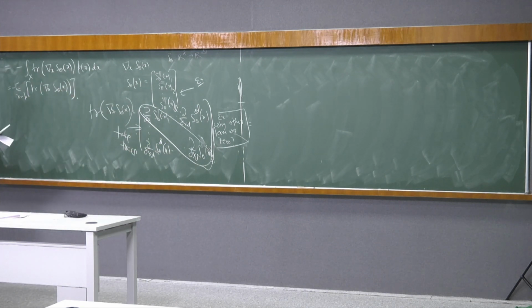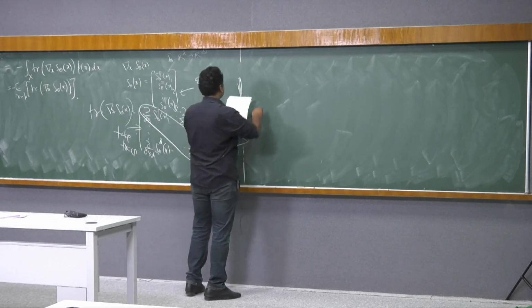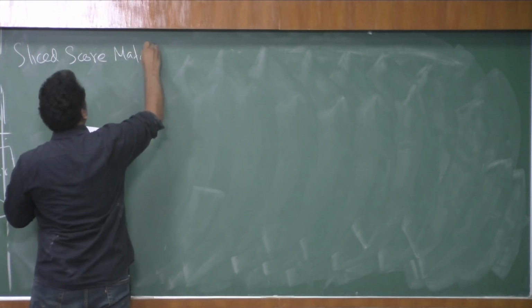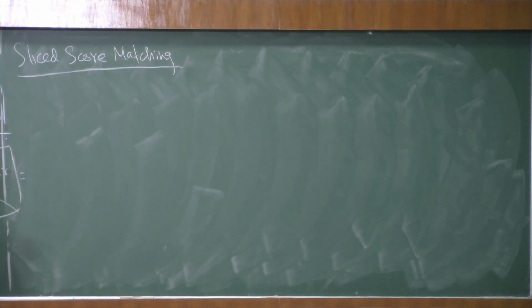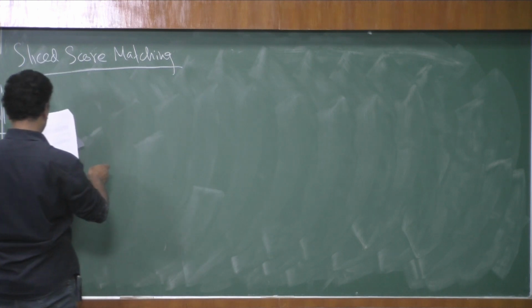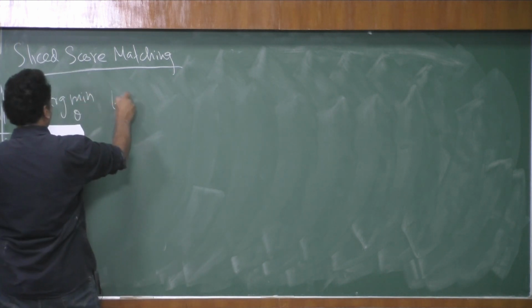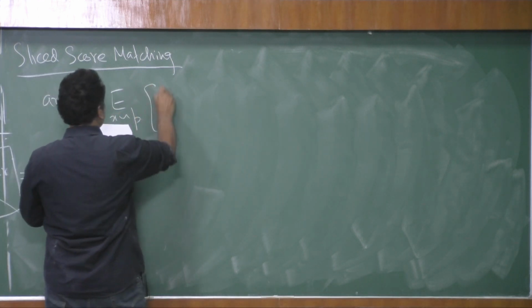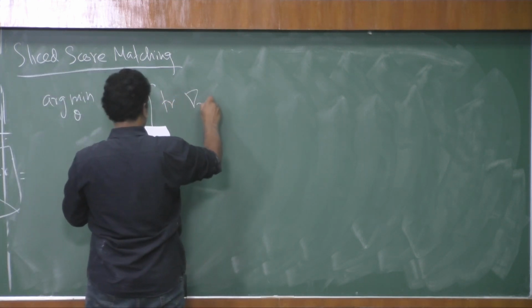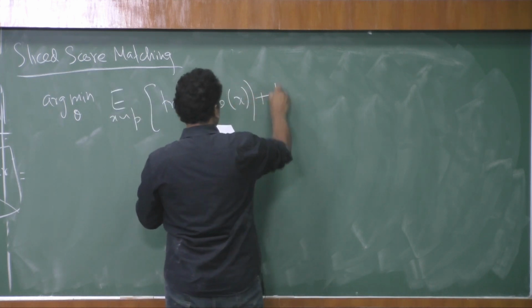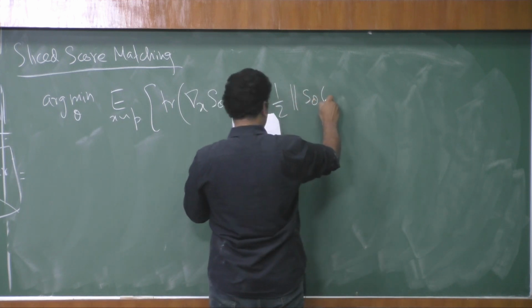and this is the same guy, Yang, the lead author that I referred to in the first three references in the beginning. Sliced score matching. Before that, I will motivate why I do that. The reduced optimization problem we have is this, with the trace of grad x s theta x and half of the norm of s theta x.